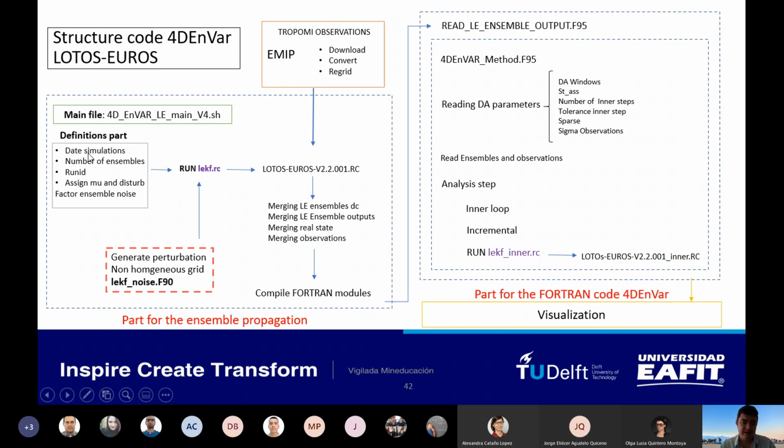We compile and use the folder that generates the perturbation in both non-homogeneous and homogeneous ways, propagate the ensembles using LOTOS-EUROS, and merge and adapt the observation in order to start the 4D-EnVar methodology. The 4D-EnVar methodology consists of the pre-processing of the outputs, and with some parameters of assimilation, the analysis step is performed.